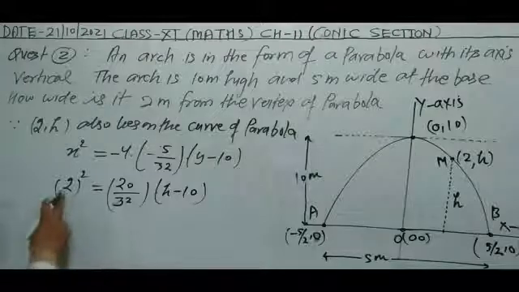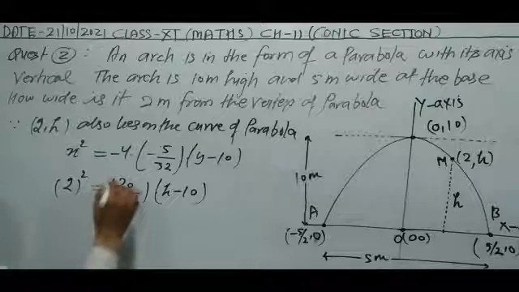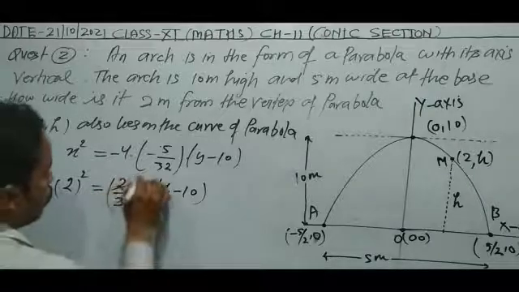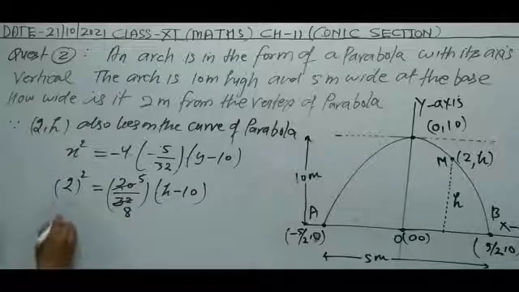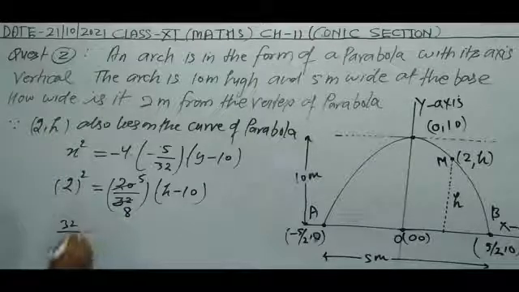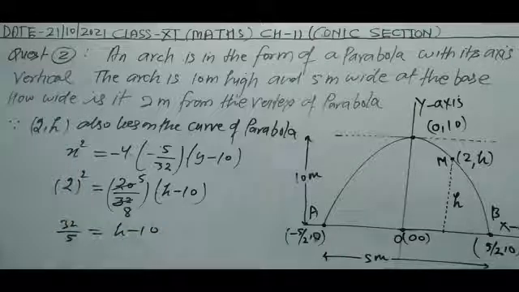This is 4, and now in the calculation 4 into 32 you can reduce using the table of 4: 4 5s are 20, 4 8s are 32, and 8 4s are 32 also. So 32 by 5 is equal to h minus 10. Now you can calculate h.